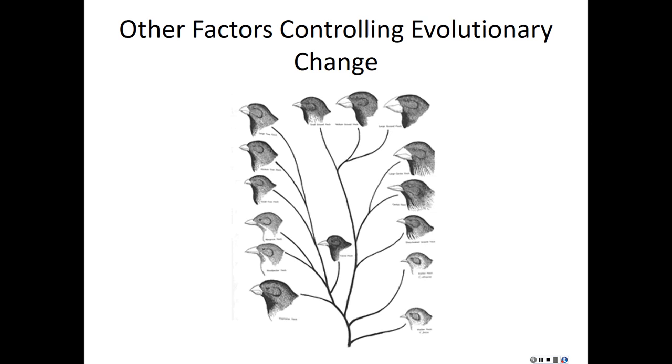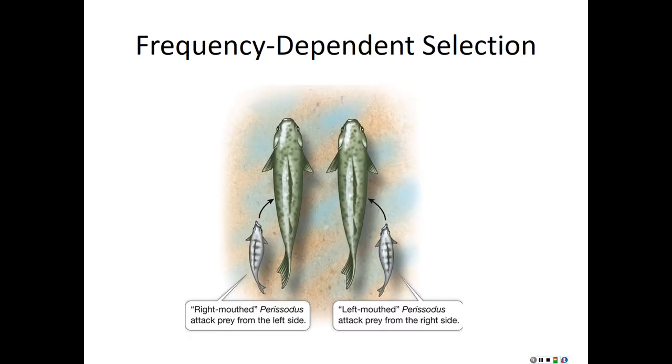Okay, so I want to talk just briefly about a few other factors that can influence evolutionary change. These are things that Darwin didn't necessarily appreciate in his day, but we've come to realize can actually be very important in determining patterns of evolution. And the first is called frequency-dependent selection.